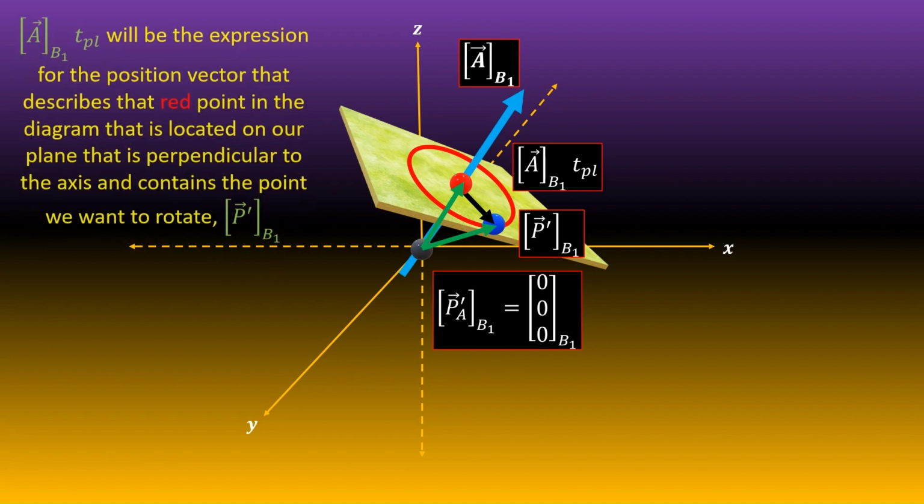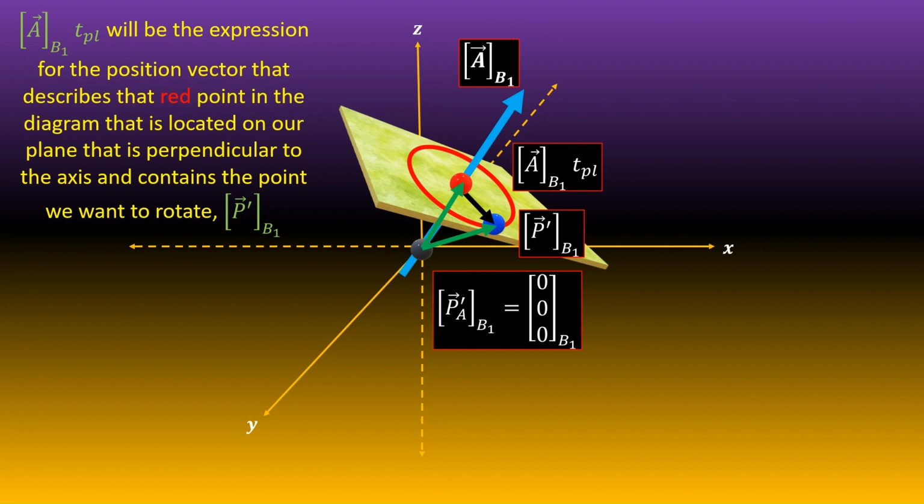And now, we will define a new vector, which will be the vector pointing from the origin to that red ball right there. This red ball is in the center of the circular path that was spray painted on the green lawn, and the red ball is on the plane of rotation.